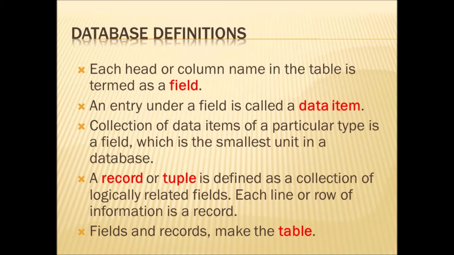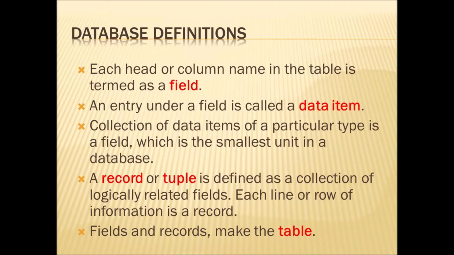There are some keywords and their definitions to be learned here. First one is field. Each column name in the table is called a field. Then the second one is data item. Each entry under a field is called a data item.